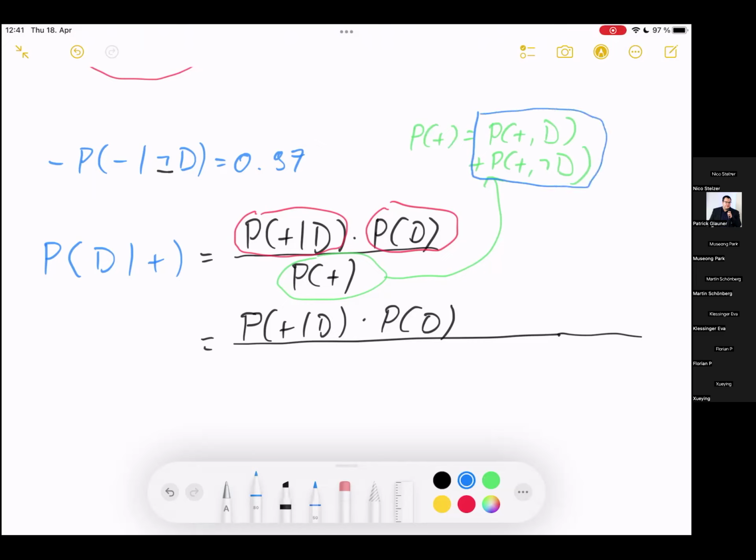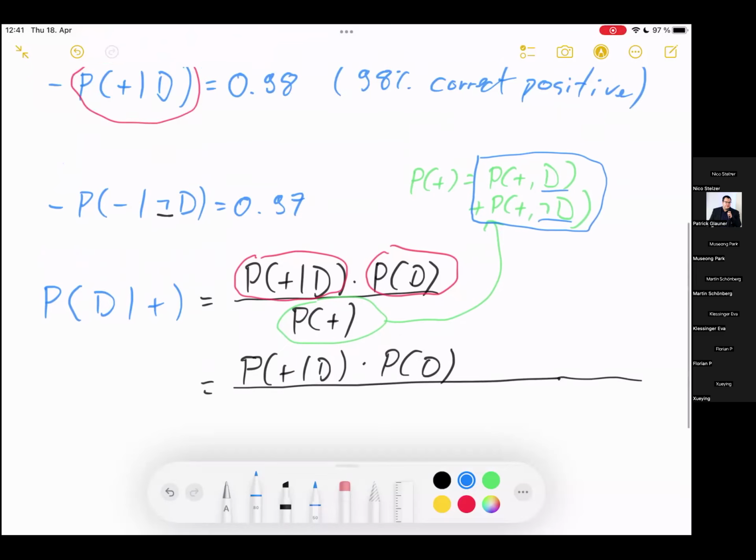And in order to compute this, we're using something that is called the law of total probability, because you have either a disease or not the disease. These are the two values D can have, D or not the disease. And if you have these two joint probabilities of a positive test and a disease, plus the probability of positive and not having the disease, this is actually the probability of having a positive test.